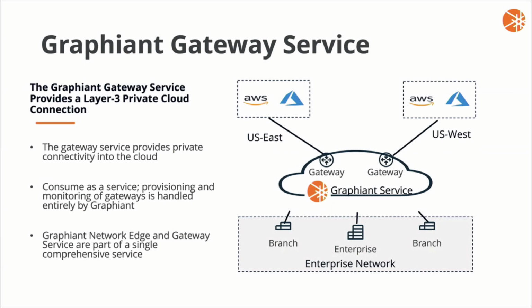You can subscribe for that through the portal. The whole process itself will take you under a day to spin it up in any region where we have presence. If you want to spin up another region, it takes you another day. All of this also connects into the Graphiant Network Edge Stateless Core service, where you don't have to worry about being able to connect these locations back to the rest of your network. So this is one comprehensive service that you can consume.